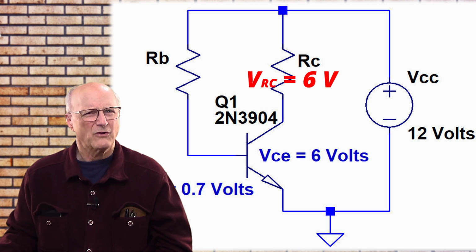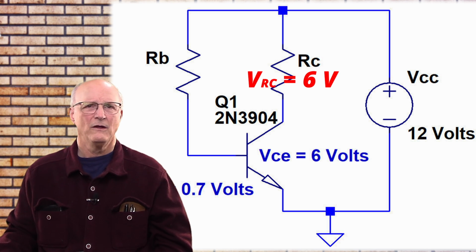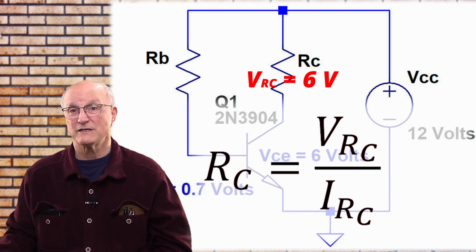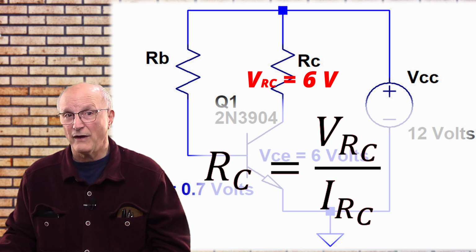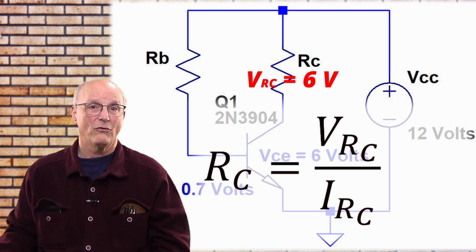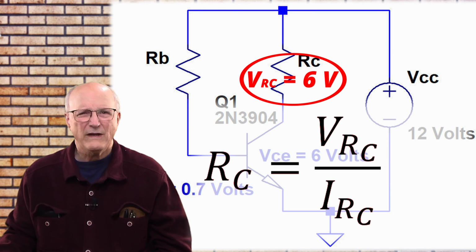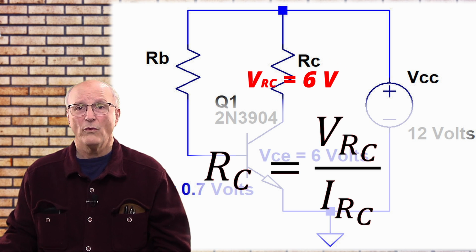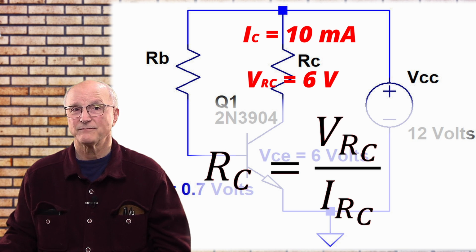Now remember, our goal is to calculate the value of the collector resistor. Ohm's law tells us that the value of the collector resistor is equal to the voltage across it divided by the current through it. We already know the voltage across the collector resistor, but what else do we know? Well, from our design definition, we know the desired collector current is 10 milliamps.